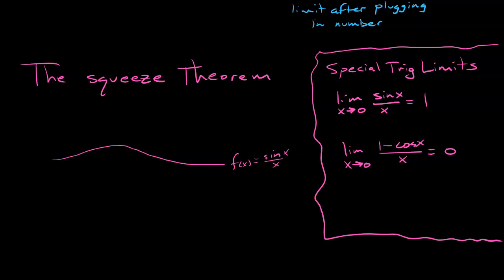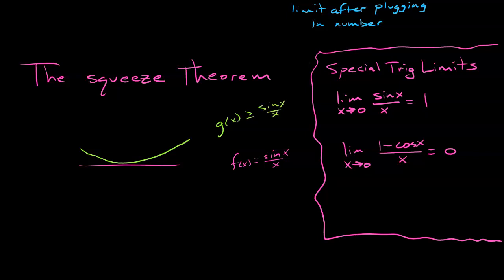And you know what? Let me erase that. If I zoom in a lot on sine of x over x at 0, it'd look like a flat line. So we'll pretend I'm zoomed in. And if I have an equation that is always above sine of x over x, so greater than or equal to sine of x over x, that just means it's always above or the same.